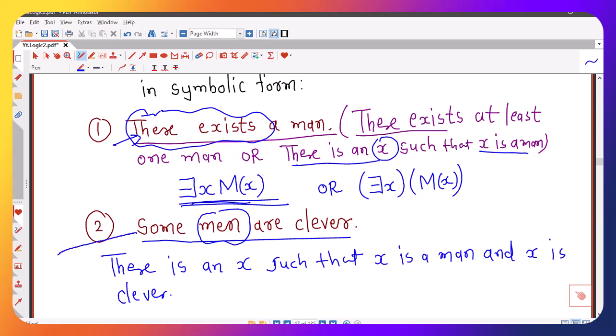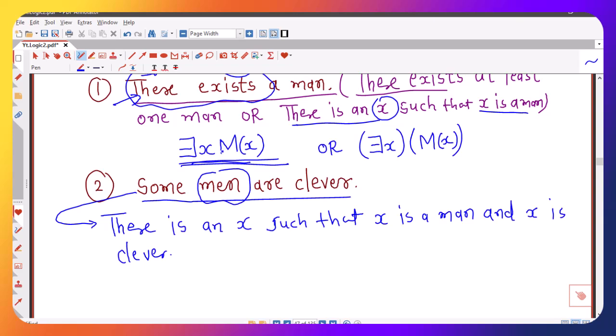I have written this same statement in another equivalent form, or I can write in this way also: there is at least one man who is clever.